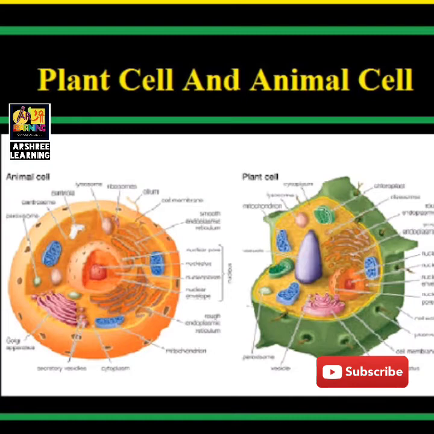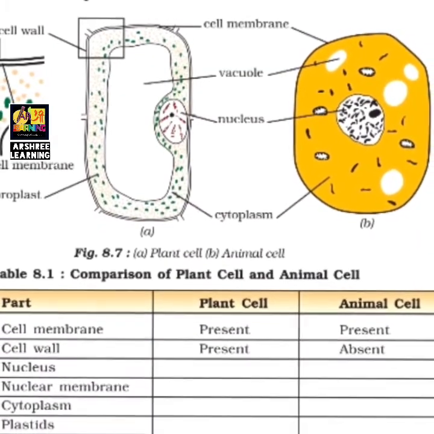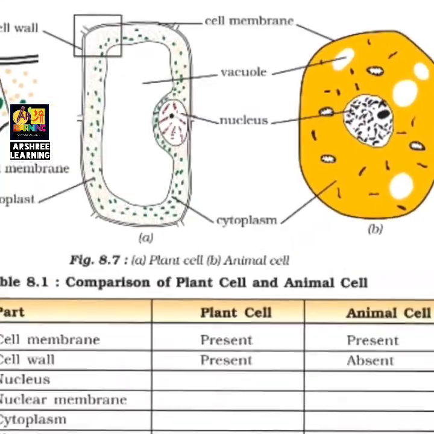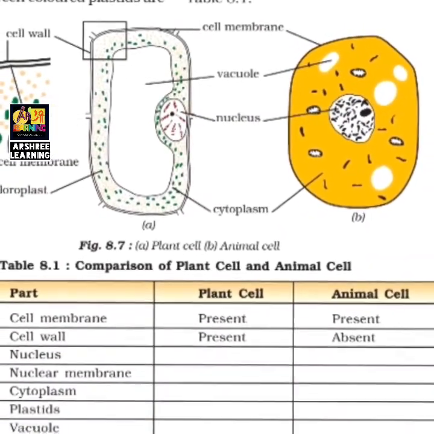Plant cell contains chloroplast, animal cell does not contain chloroplast. The plant cells contain a cell wall which gives support. The animal cell does not, because they have bones as we discussed earlier. The plant cells contain vacuoles which are bigger in size and the animal cell vacuoles are smaller in size. So these are the main differences between the plant cell and the animal cell.